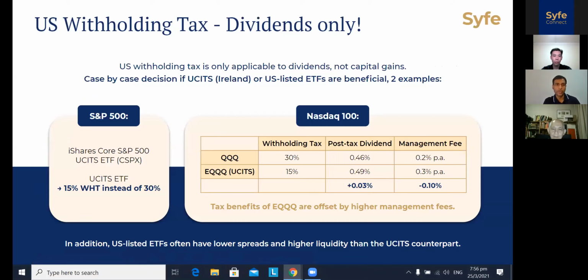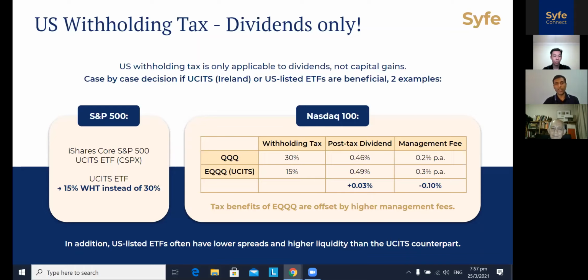So we take a hard look at the whole underlying universe of ETFs that we use, and alongside checking for the dividend withholding tax, we also see what management fee the ETF manager is charging, what spreads they have, what liquidity these ETFs have, and also what the tracking error is to the index they are trying to mimic.